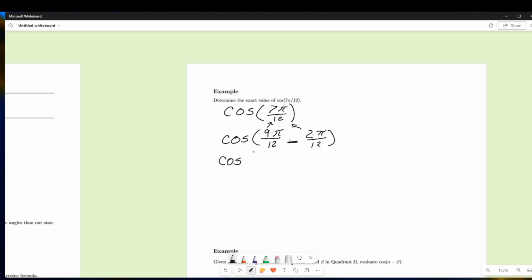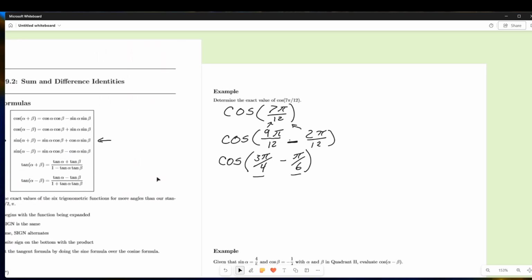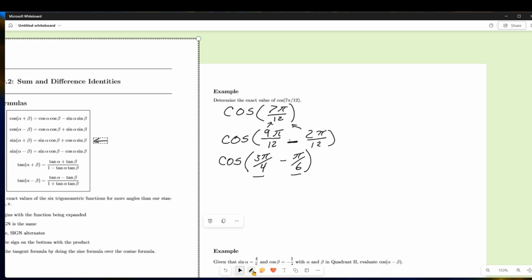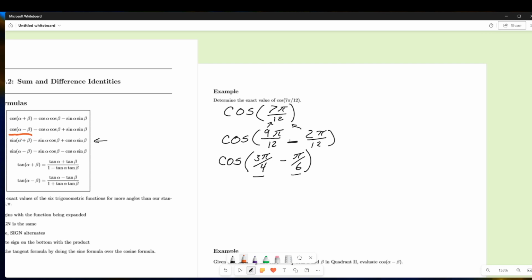So that's going to turn into the cosine of 3 pi over 4 minus pi over 6 when those reduce. And we know about pi over 4s, we know about pi over 6s. So all we need to do is grab our relationships and look at what we do about the cosine of a difference. The cosine of a difference has its own expansion.